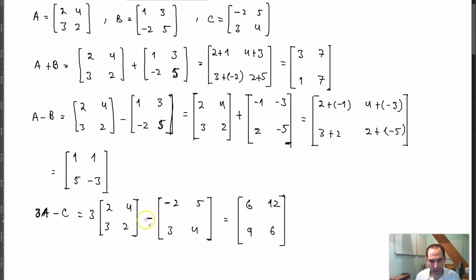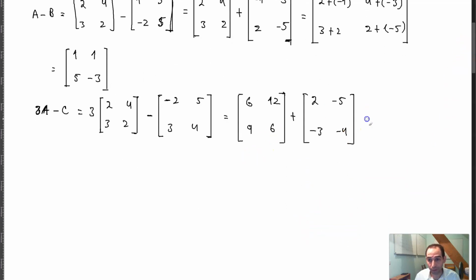Then instead of minus, I can write plus the negative of this matrix, 2, negative 5, negative 3, and negative 4. Therefore I will have 6 plus 2, 12 plus negative 5, 9 plus negative 3, and 6 plus negative 4.